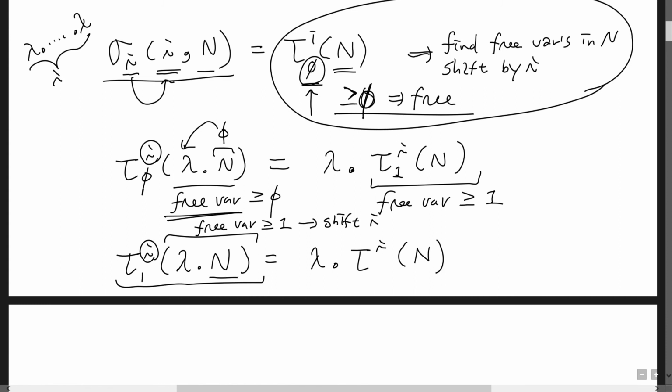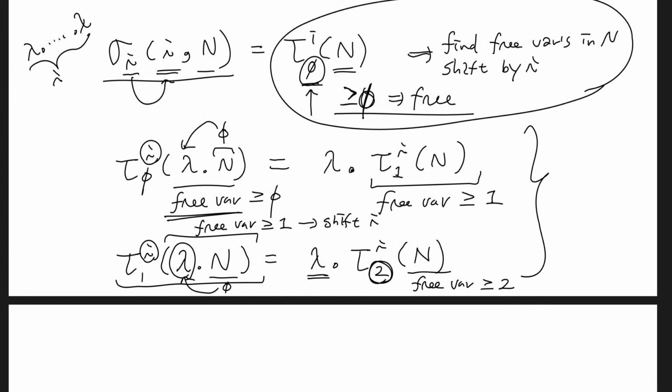But here, 0 is, of course, pointing to this lambda binder. So because of this new lambda binder, free variables now have indexes greater than or equal to 2. So we use 2. These two examples illustrate that we need a subscript here to tell whether a given index is free or not.